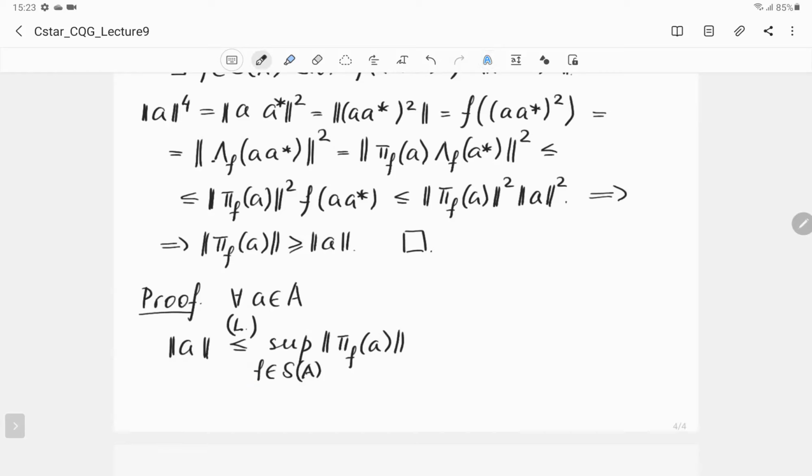So this is equal to the norm of omega of A, and the norm of omega of A is less than or equal to the norm of A, because this inequality holds for each star representation. And this completes the proof. So clearly, this chain of inequalities implies that omega is isometric. So we see that the universal representation is faithful.